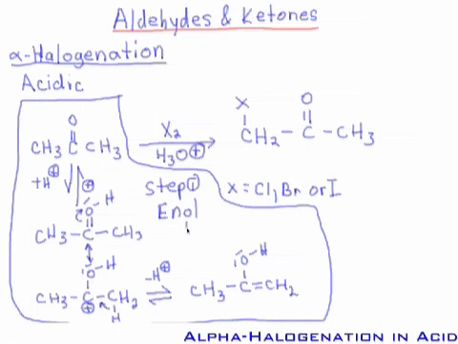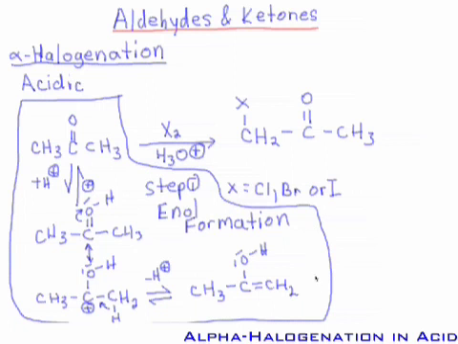In actual fact, in acid, it is the enol that is responsible for alpha-halogenation. Step 2 is attack of the enol by the halogen.